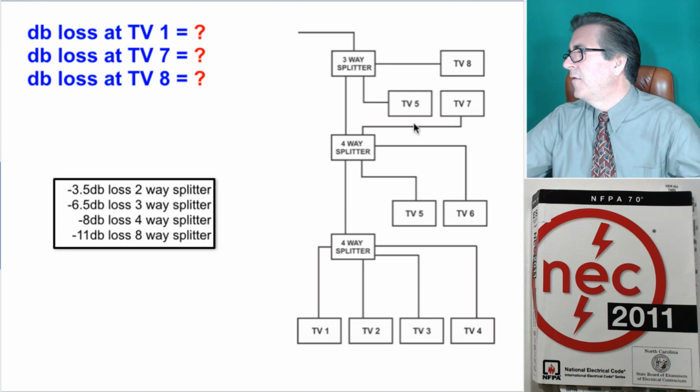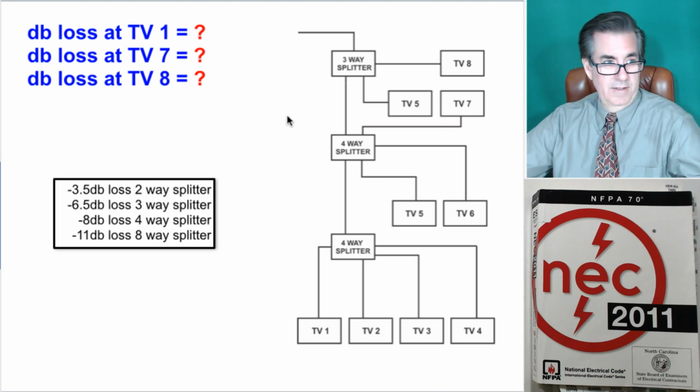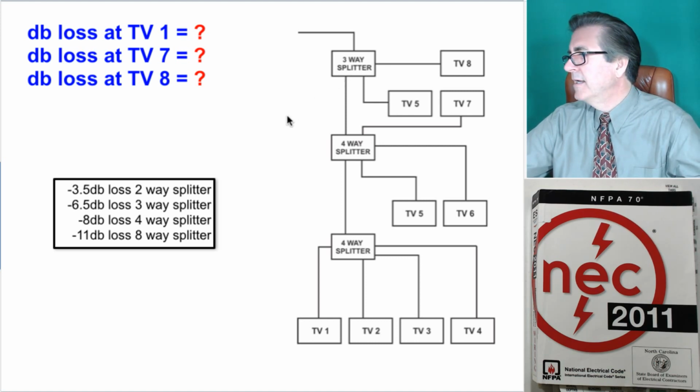Follow it back. It's got a 4-way splitter, and then it goes back to the source through a 3-way splitter. So you've got a 4-way plus a 3-way. TV8, I'll let you do that one without me saying anything. You can follow my cursor.